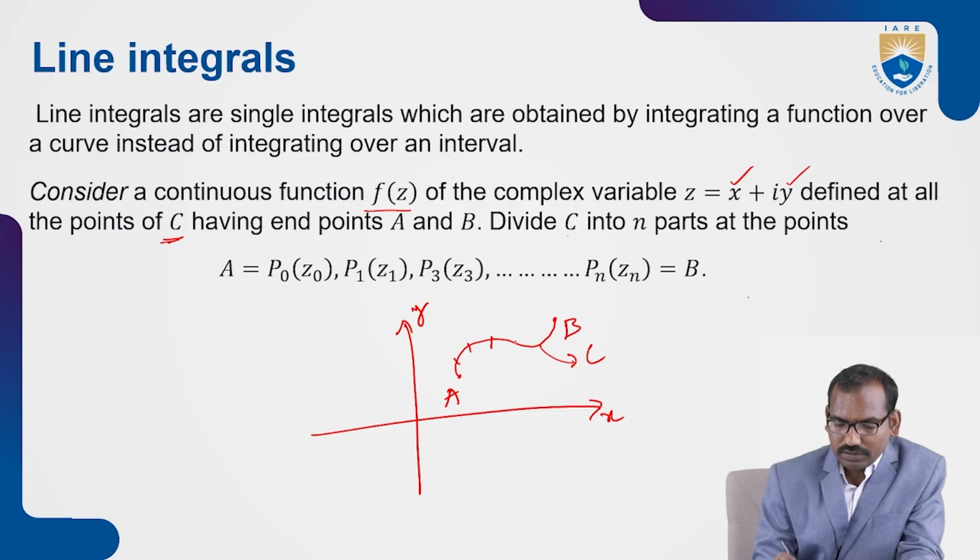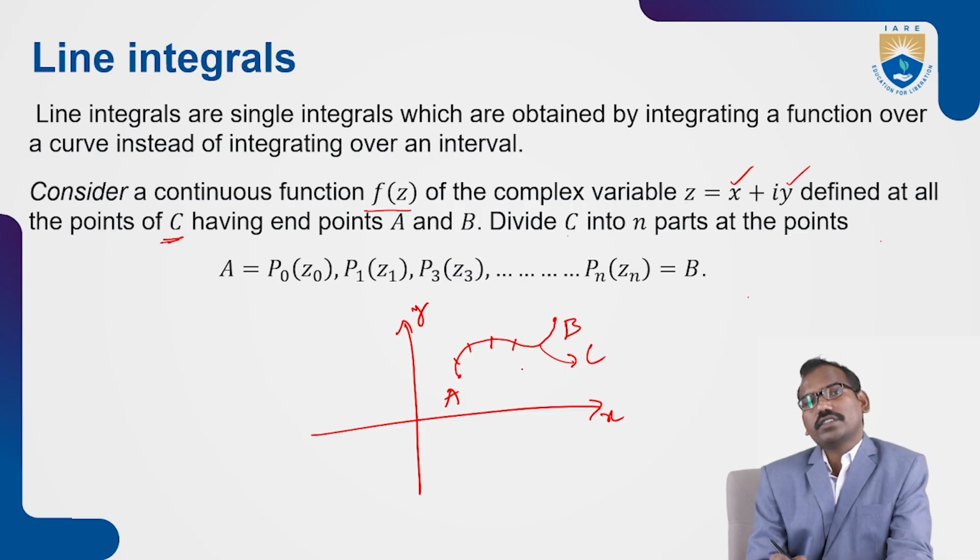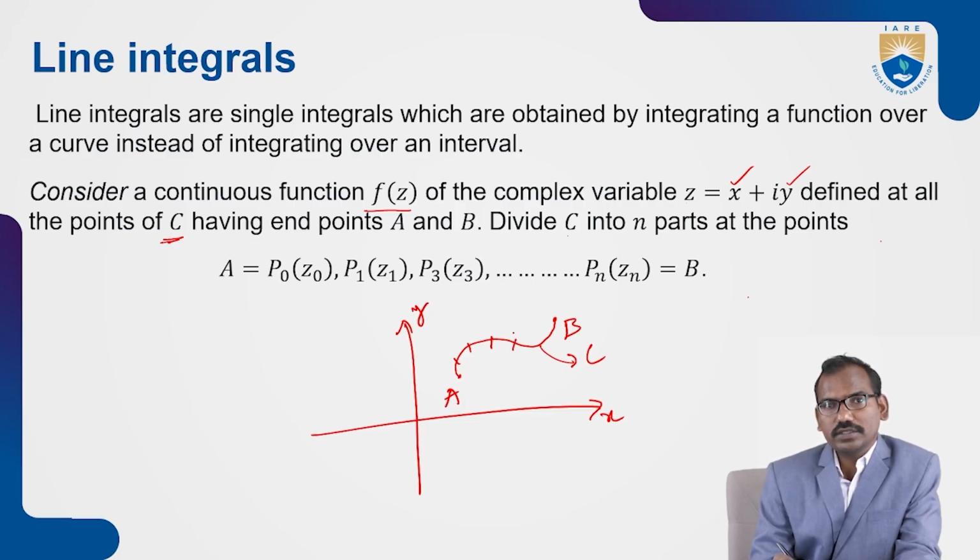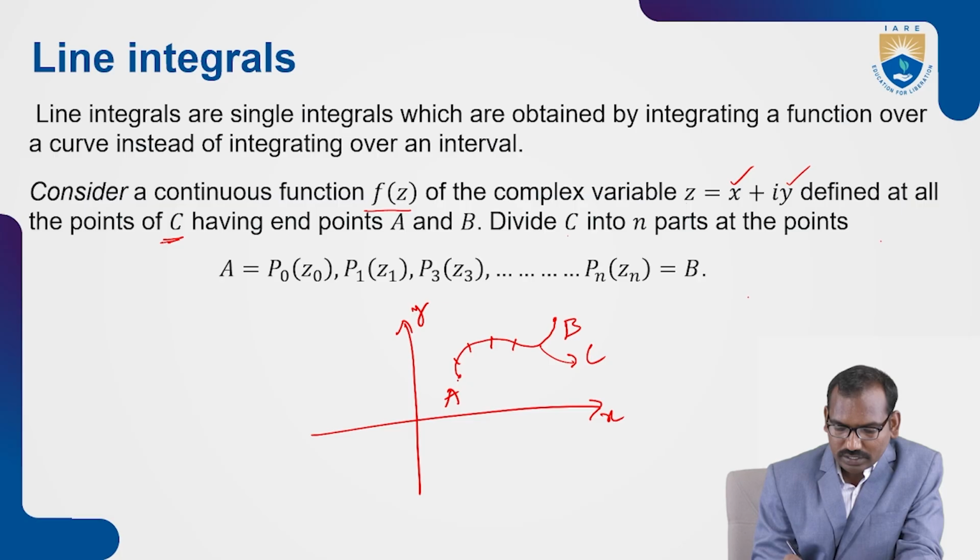We are dividing into n parts. To divide this curve into n parts, we need n plus 1 points. So the point A we take as Z0, and at B I am taking it as Zn.